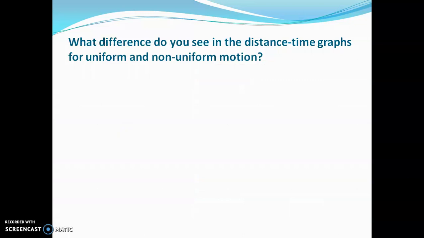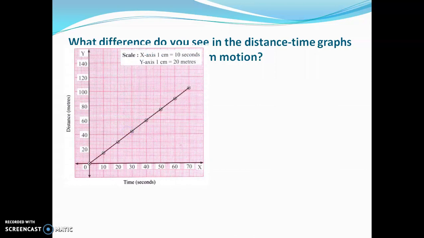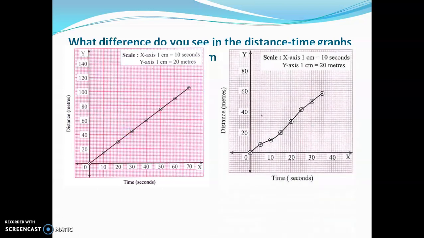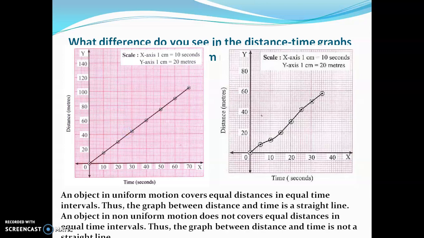What difference do you see in the distance-time graphs for uniform and non-uniform motion? Use your brain power. Very simple. What you can see is the distance-time graph for uniform motion is a straight line, whereas that for non-uniform motion is not a straight line. An object in uniform motion covers equal distance in equal time intervals.